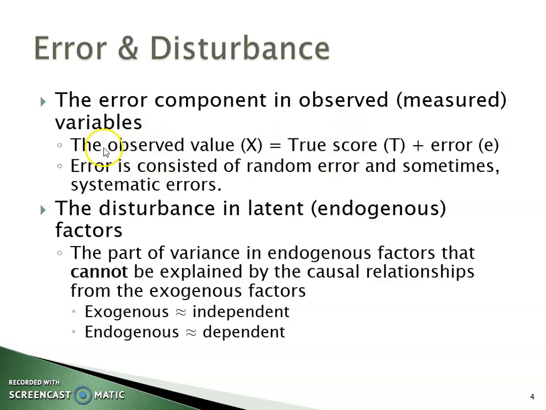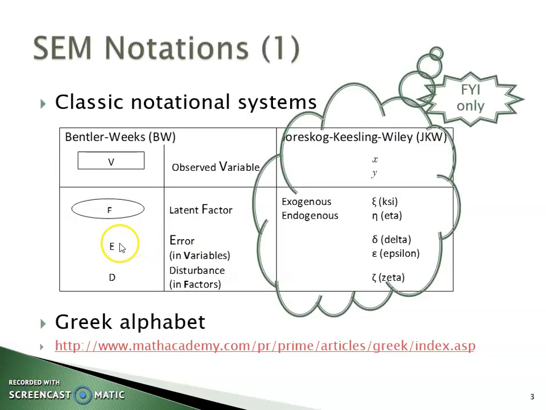A big chunk of the observed value should be the true score, the true characteristic you are trying to quantify. In addition to that, there are always some type of errors. The error could be random errors, and there could be some systematic errors. In the SEM diagram, we actually do not differentiate between random or systematic errors. Together they are expressed as an E in the diagram.